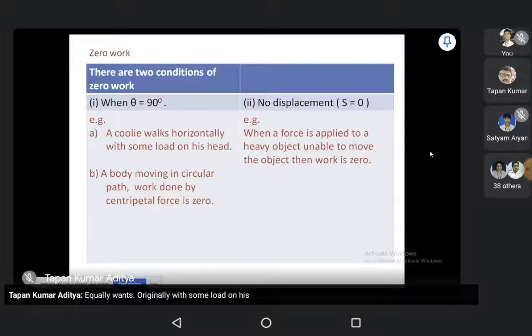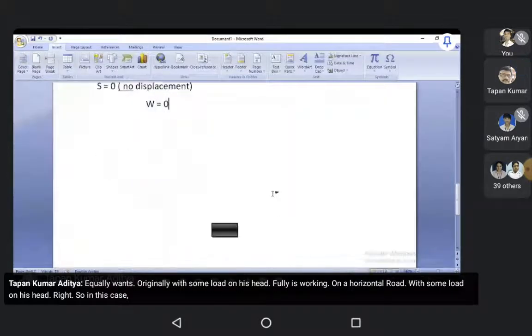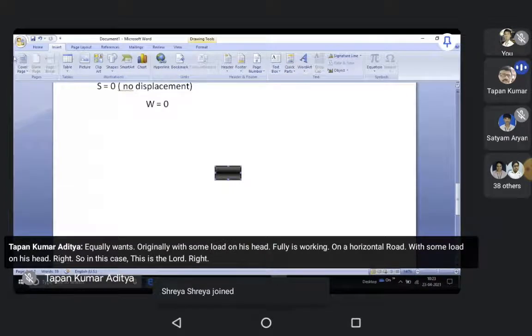Let's take a porter moving horizontally on a horizontal road with some load on his head. See the load, right?